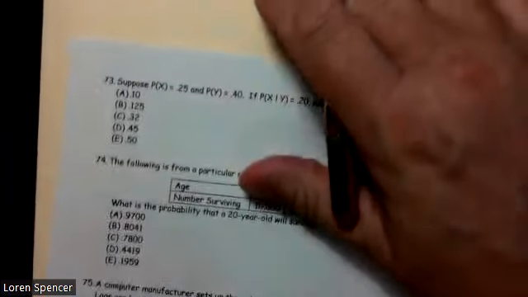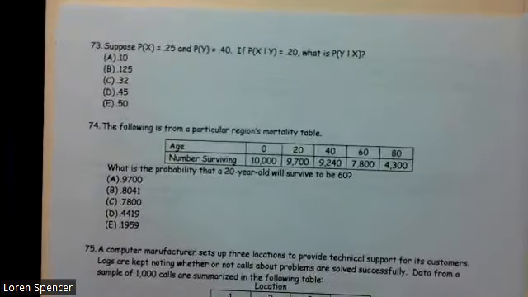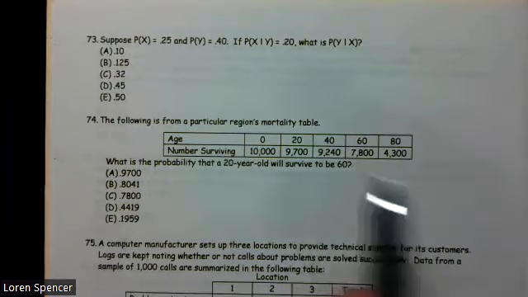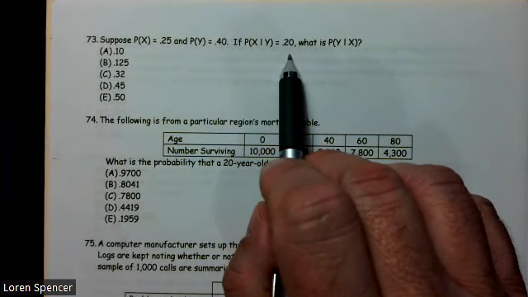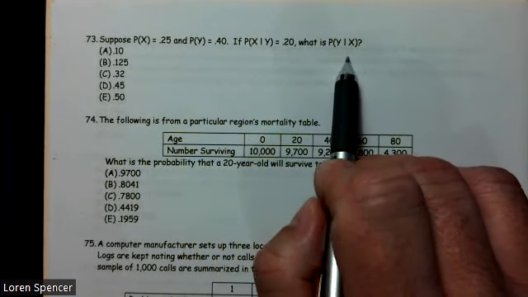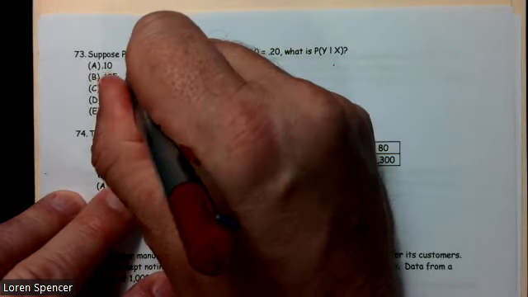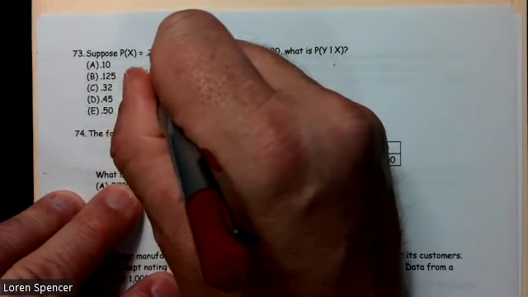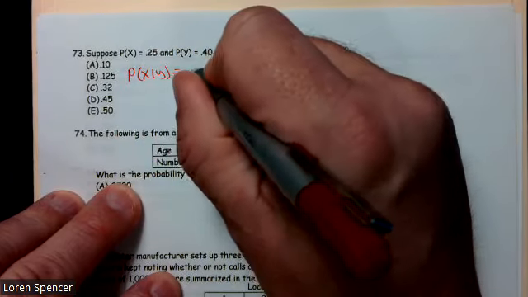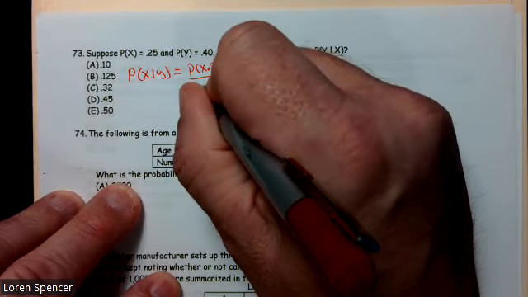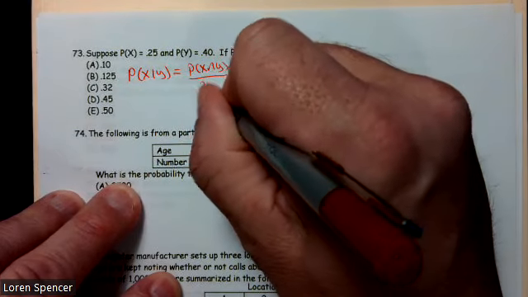All right, number 73. Suppose the probability of x equals 0.25 and the probability of y equals 0.4. If the probability of x given y equals 0.2, what's the probability of y given x? Let's set up our formula. The probability of x given y equals the probability of x and y over the probability of y.